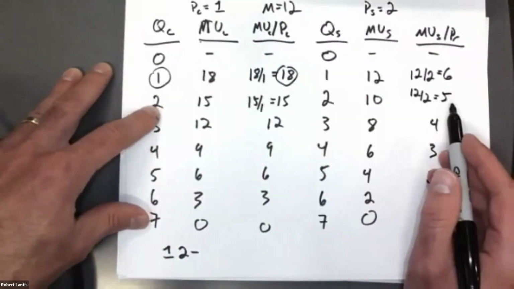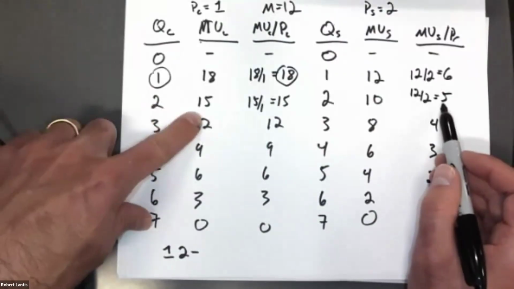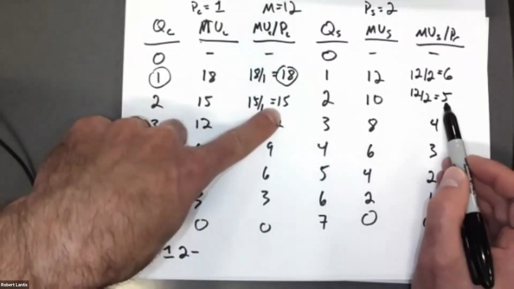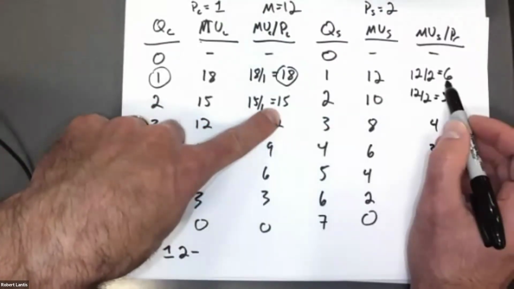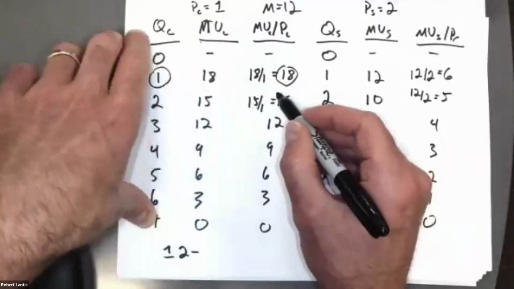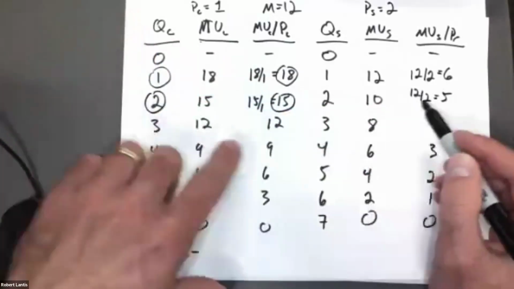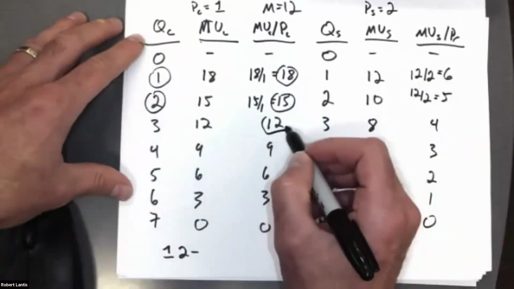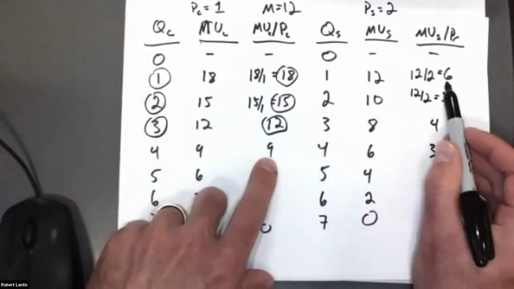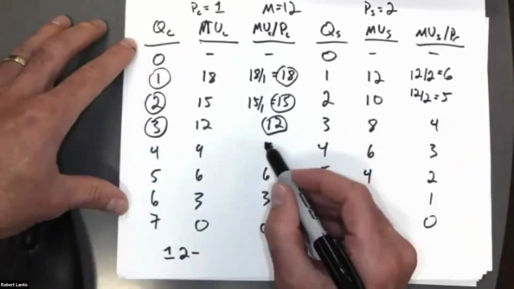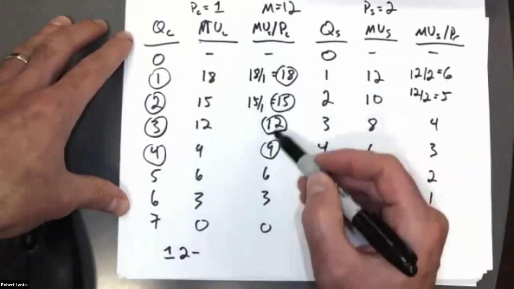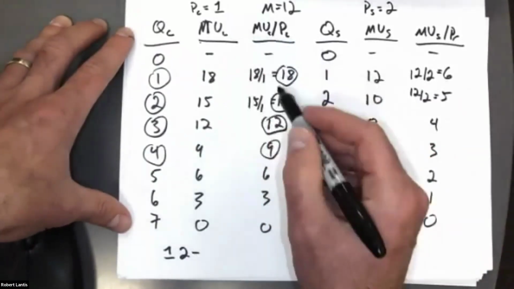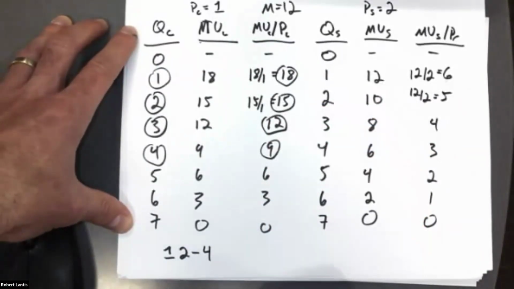And then, okay, do I buy the second bag of chips or the first soda? All right, well, 15 is greater than 6, so I buy the second bag of chips. Do I buy the third bag of chips or the first soda? 12 is still greater than 6. Fourth bag of chips or the first soda, 9 is still greater than 6. How much have I spent up to this point? Well, if every bag of chips is $1, I've bought 4, I've spent $4, I have $8 remaining.